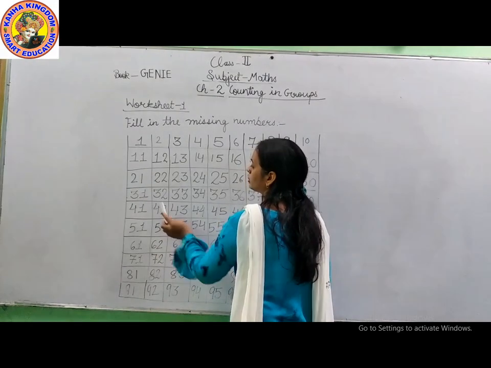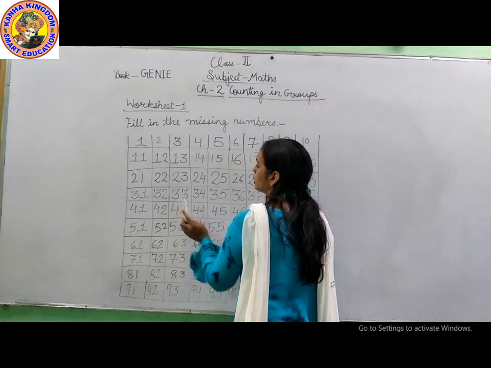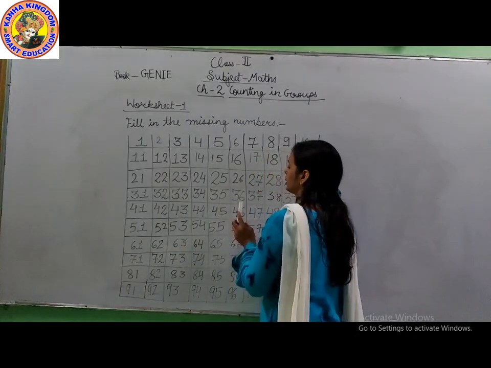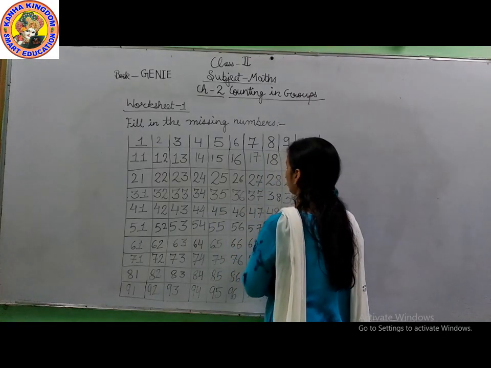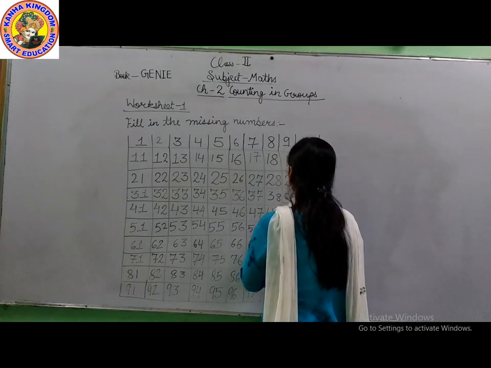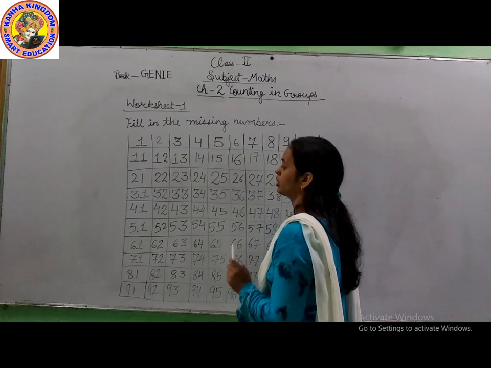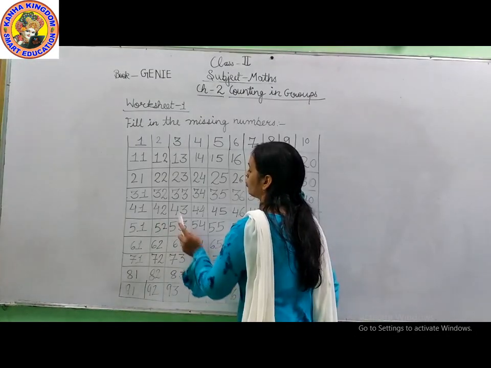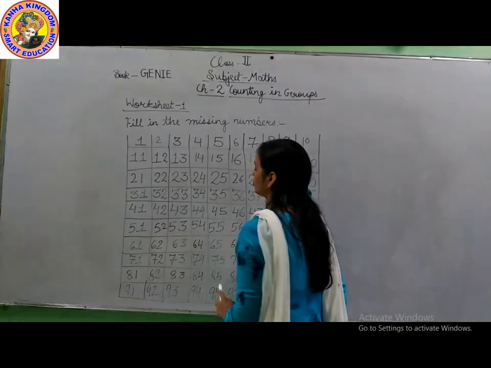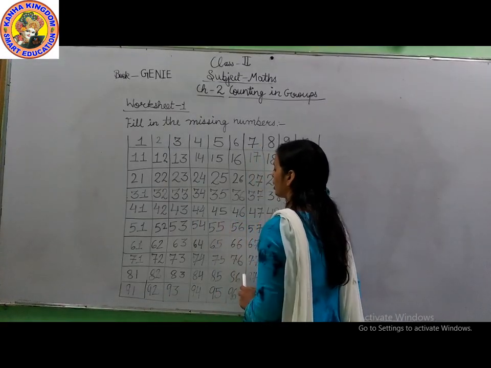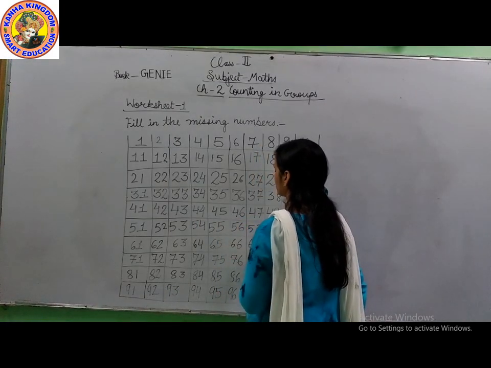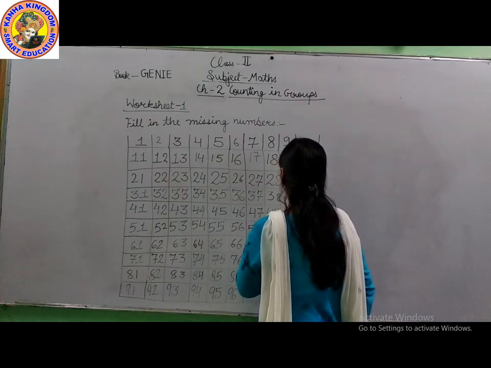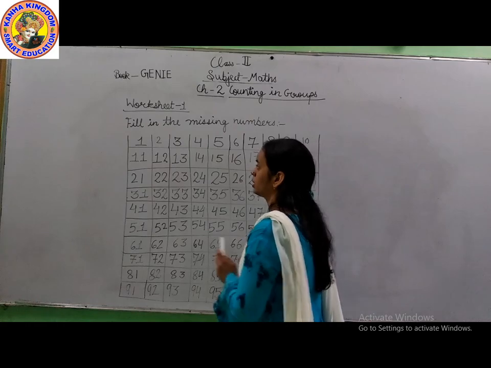Then 31, 32, 33, 34, 35, 36, 37, 38, 39, 40. 41, 42, 43, 44, 45, 46, 47, 48, 49, 50.